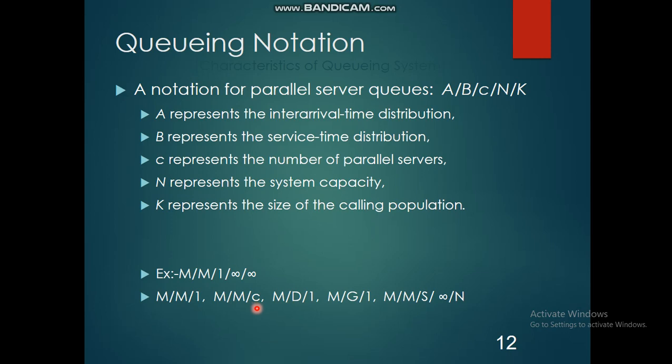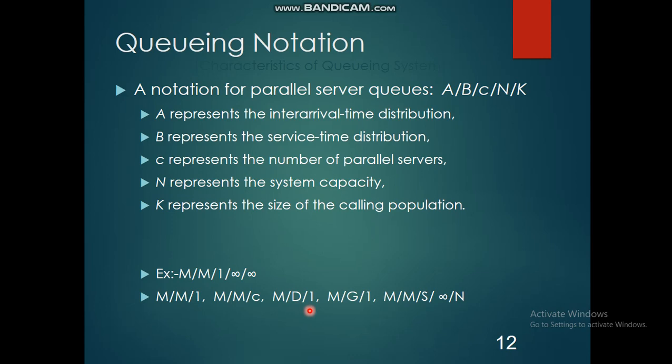The next representation is m/d/c. Now this is deterministic distribution, which means a constant service is being provided here. For example, for m/d/1 you can take the example of an automated car wash. There is constant service.